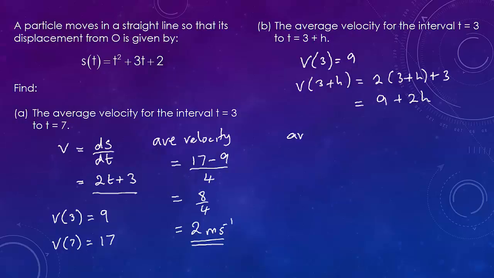So the average velocity is going to be equal to 9 plus 2h, take away 9, divided by the change in time, which is h. So that's going to be 2h divided by h, which is 2 meters per second.